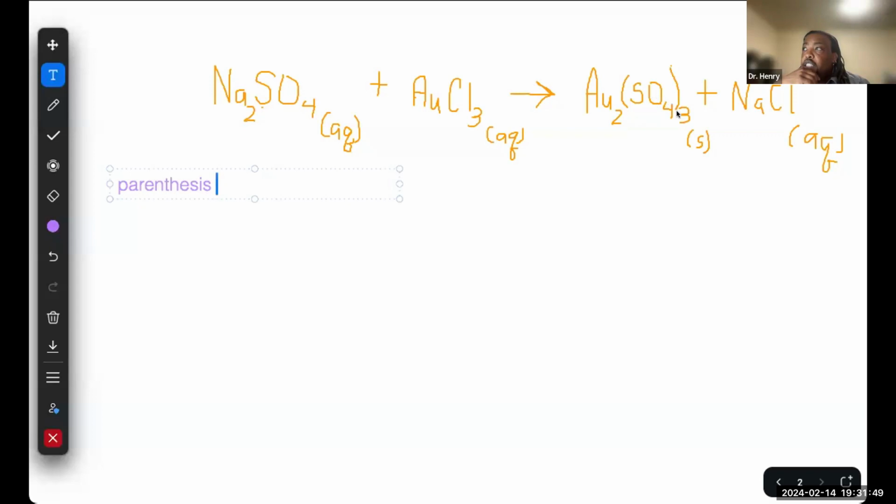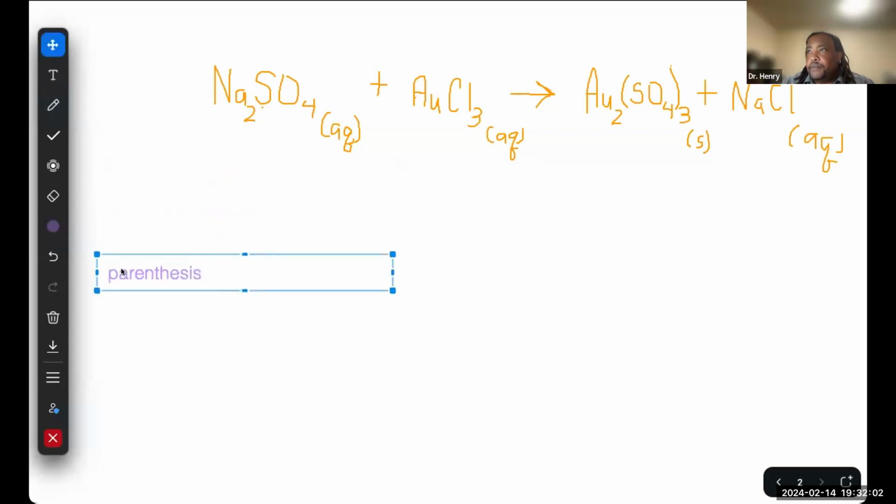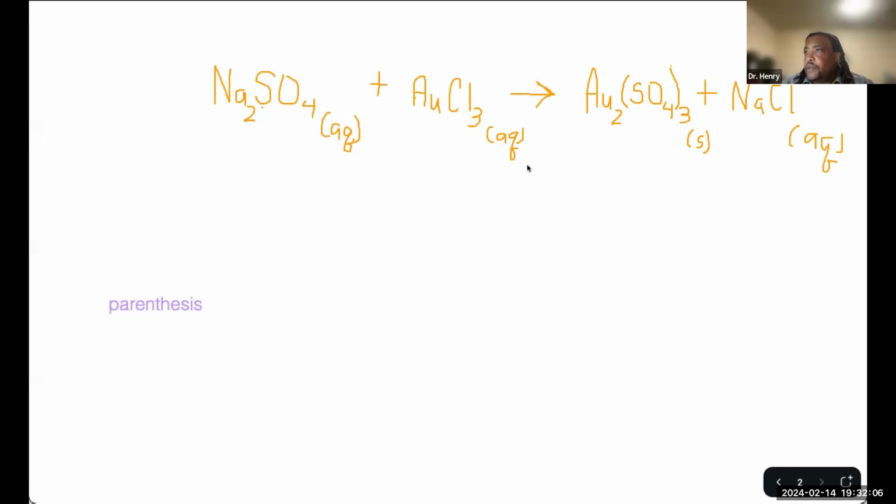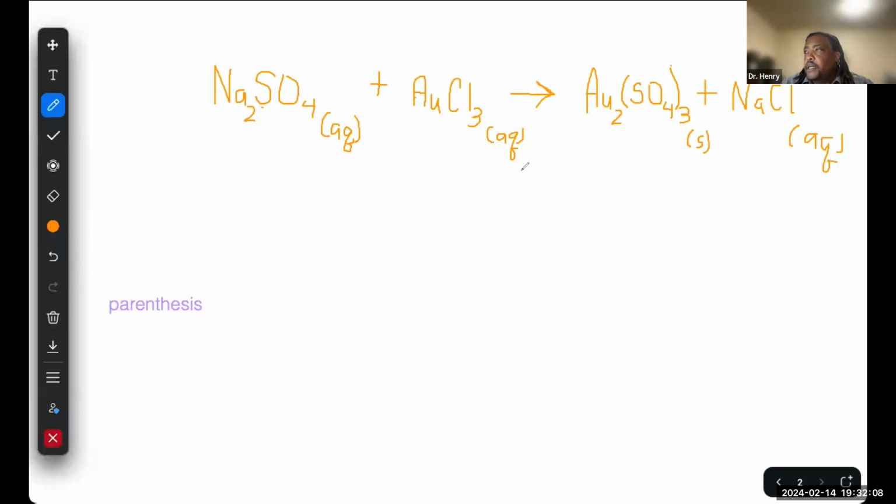So in this case, it's going to be multiplied by both the sulfur, which is the S, and the oxygen, which is the O. Okay. So in this case, we're going to go ahead and put the elements down. So Na is sodium.